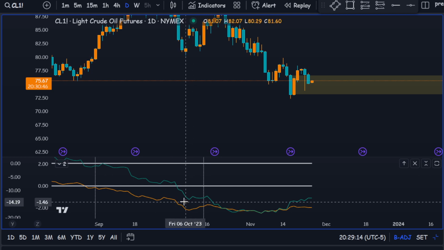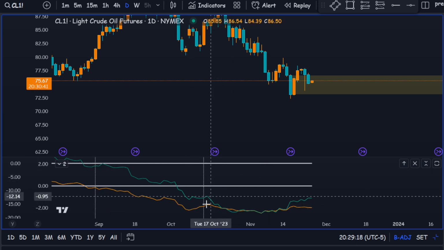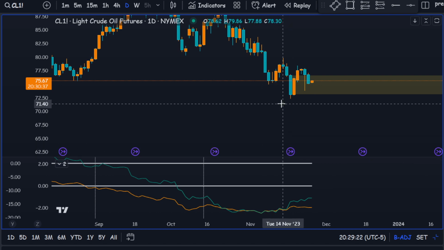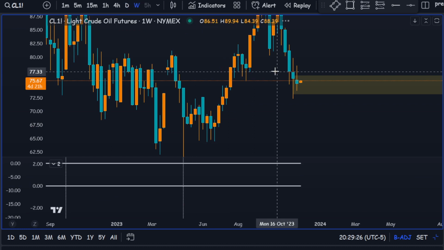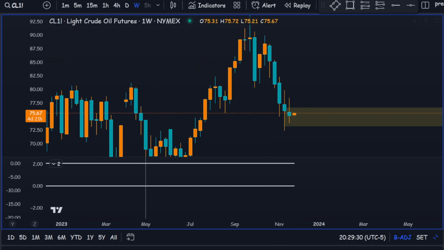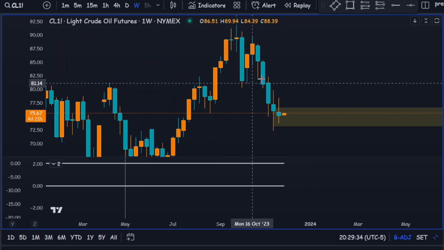Past tense. Okay. So not only seasonally did we bottom out, but this is also usually when trends start to reverse in the oil. So do be advised that I guess we can move higher.